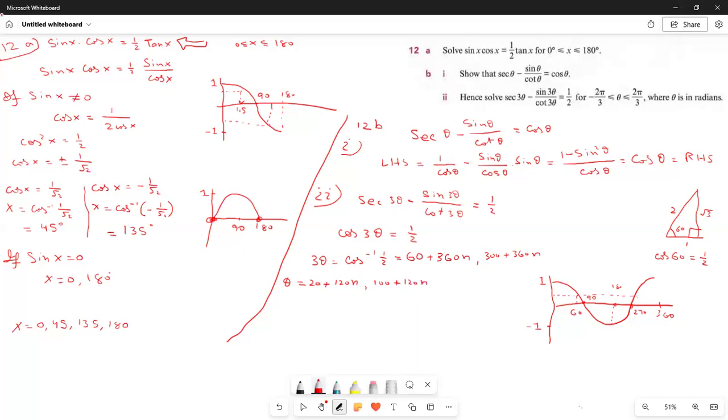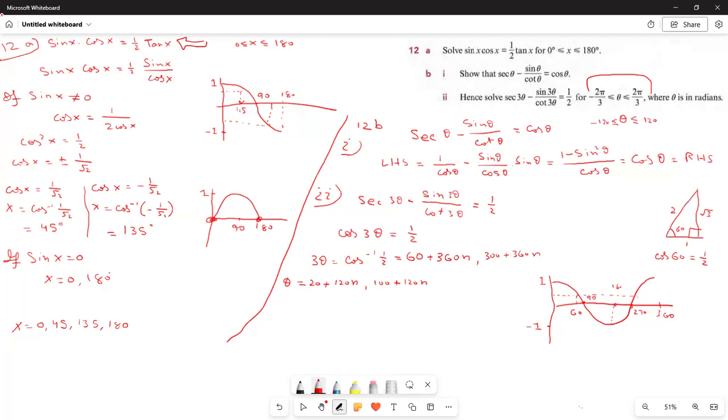Now I have to look for the values which fall in the given range. What is this range? Let's talk in degrees. Pi by 3 is 60 degrees, so 2 pi by 3 is 120. So 120 and minus 120. We have to look for answers in this range.